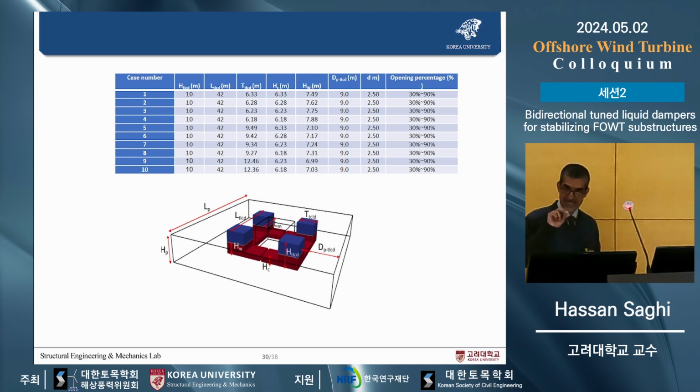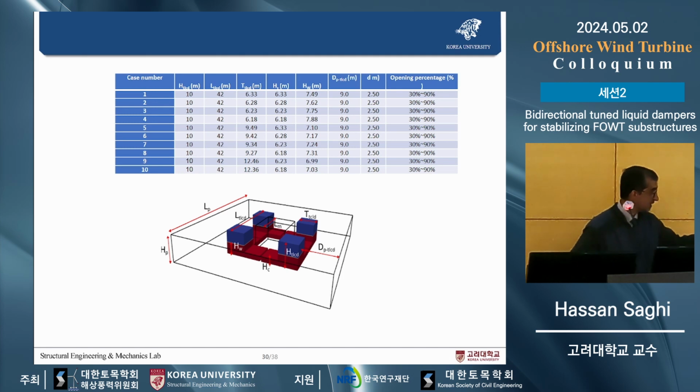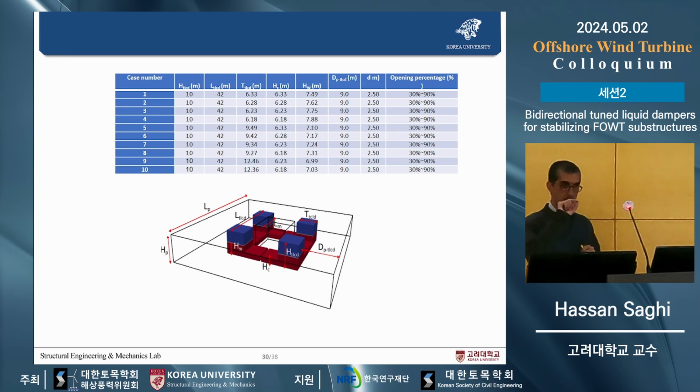After optimizing the BTLD, we focused on the BTLCD, following a similar procedure to find the optimum BTLCD. First, I selected 10 cases. For this case, there is no baffle, we have an orifice. In the middle of this part, you can see an orifice. We tried to optimize the opening percentage instead of the baffle height.